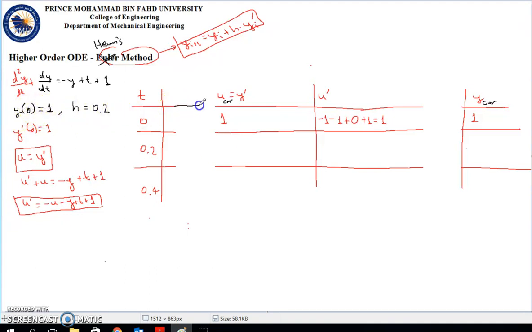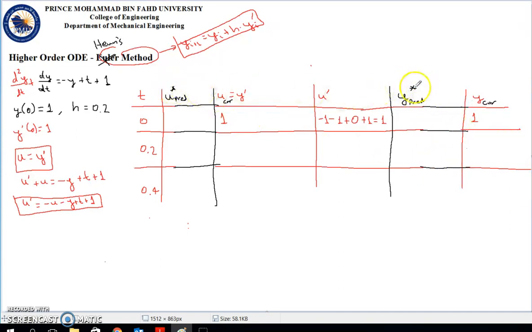Now, moving to our next step, we want to calculate the u predictor, which we will note with u star, and the y predictor star. We're going to calculate u star and y star using the Heun's method.